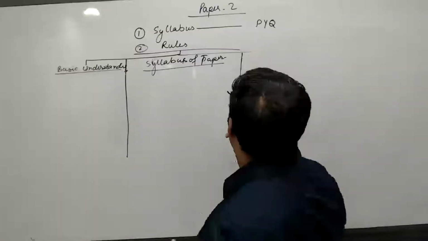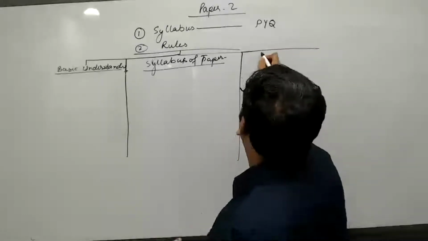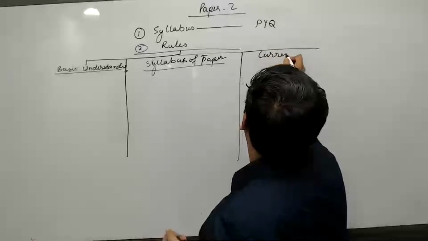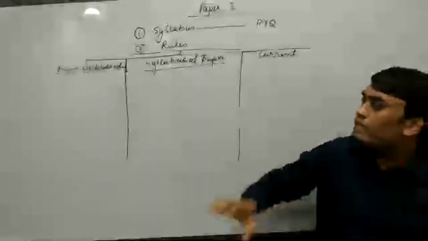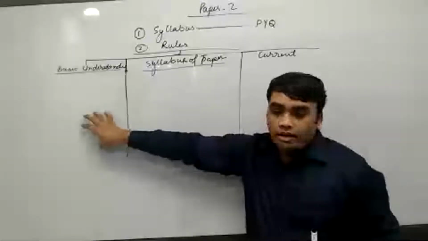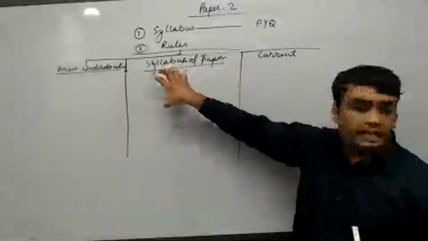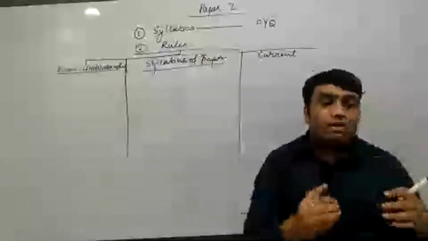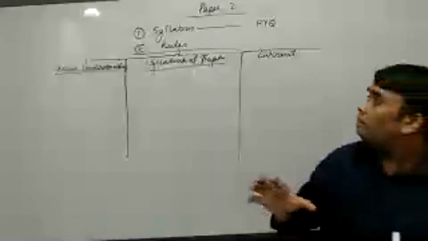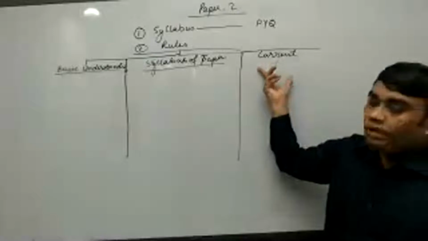Right? The third part, as I told, is current affairs. Sometimes we have very good understanding of the basics and of the second paper, but we are not able to write answers appropriately due to unawareness about current affairs.